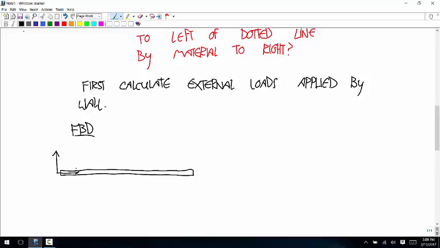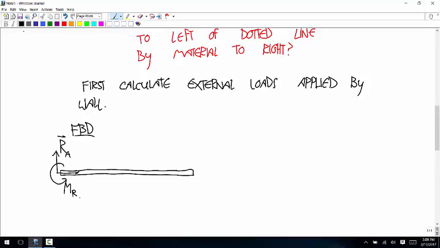Since we only have forces in the xy plane, the only non-zero components of this force applied by the wall are going to be an x and y component. So I'll call that RA. And then that fixed joint also is going to apply a couple to prevent any rotation of this object. There's going to be one component like this. I'll call that MR.